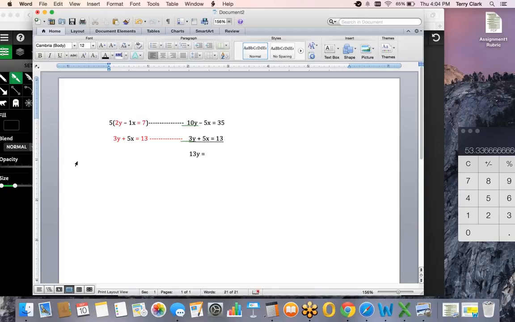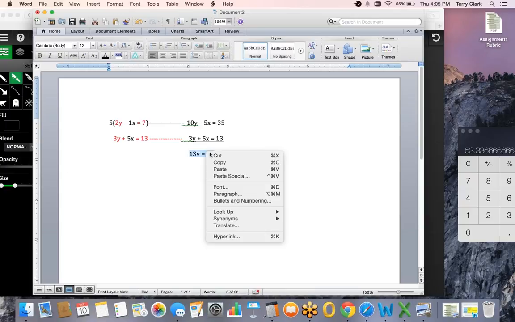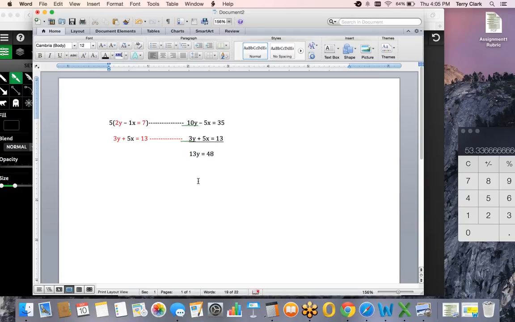And I can add the 35 and the 13 together and come up with 48. Okay, so now all I got to do is just solve for y. Because I eliminated x, now I've got to solve for y.